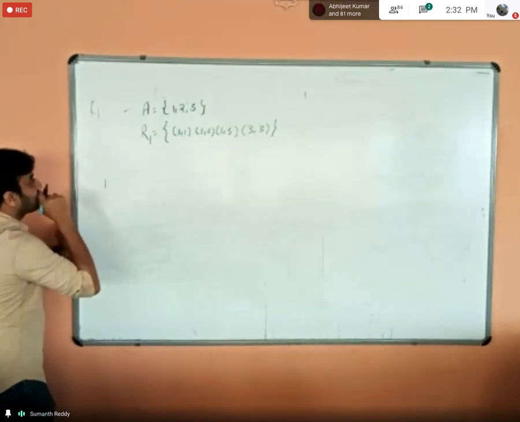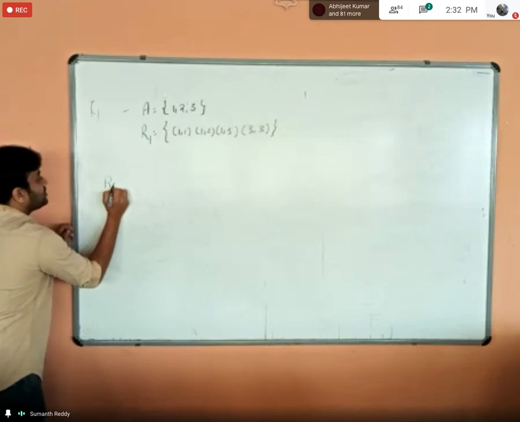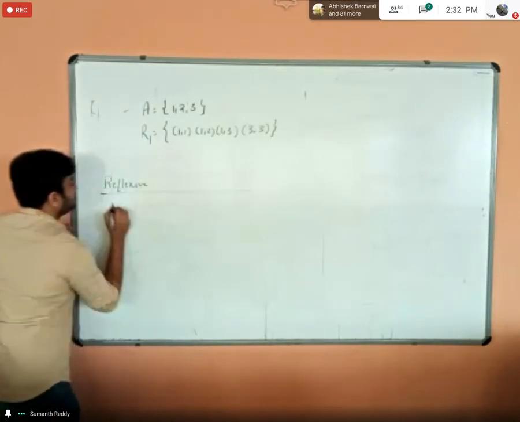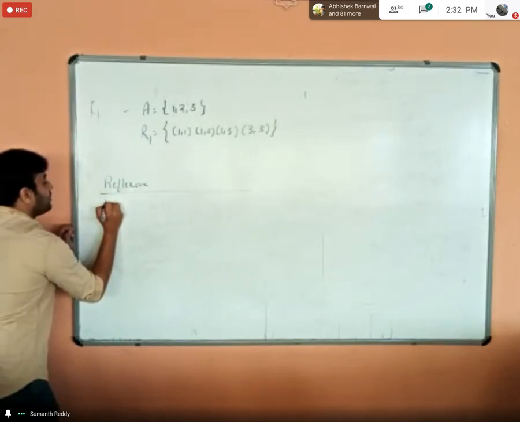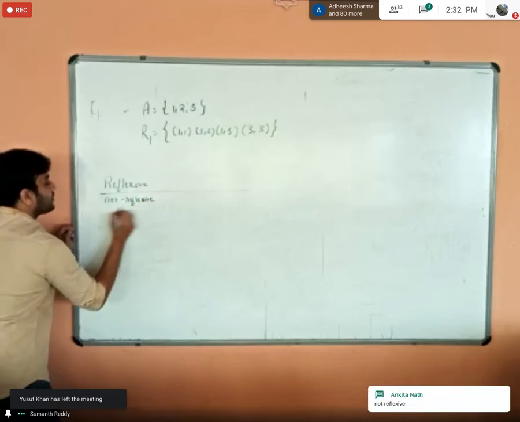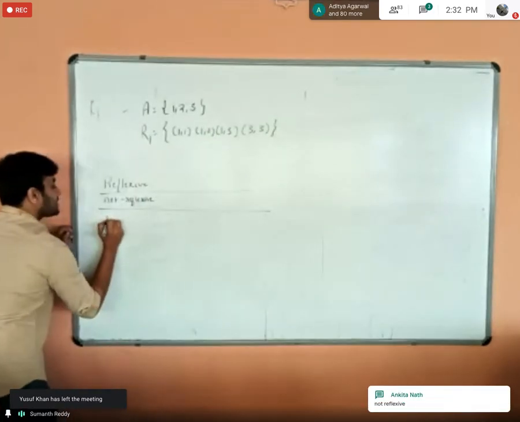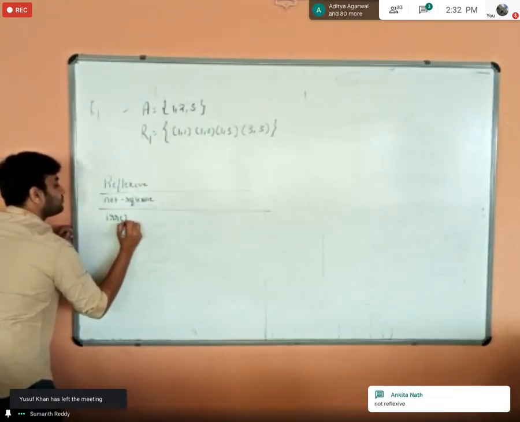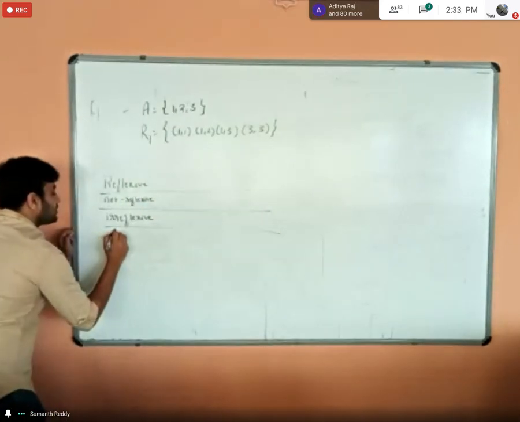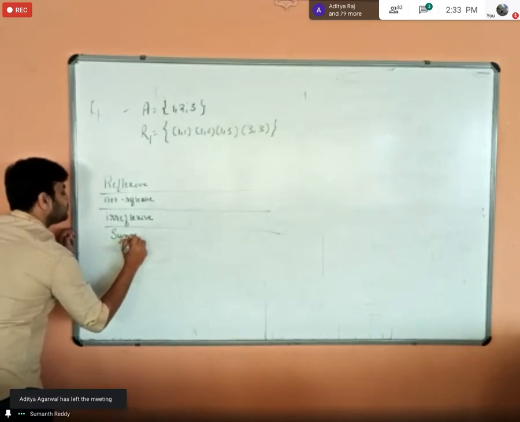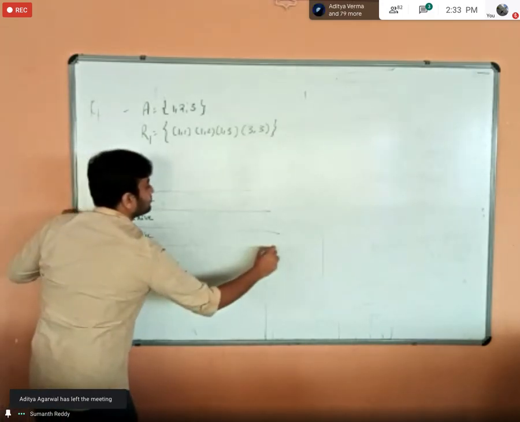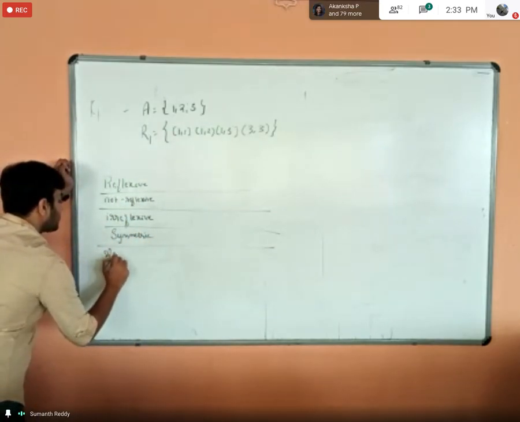For all the problems I can just change the relation instead of changing everything. So once I write all the properties: reflexive, not reflexive, irreflexive, symmetric, anti-symmetric.